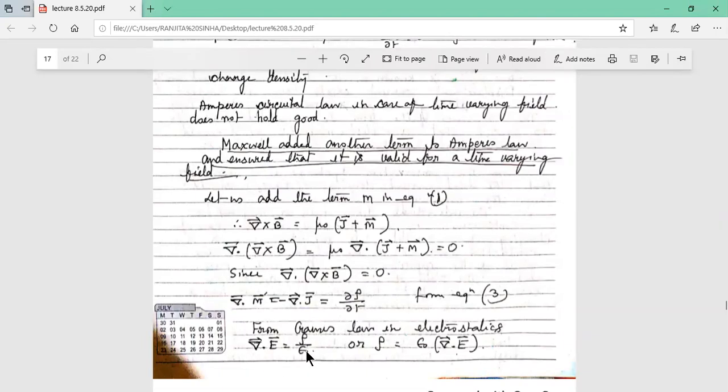So rho equals epsilon 0 into divergence of E.